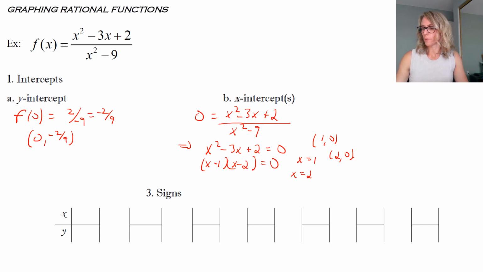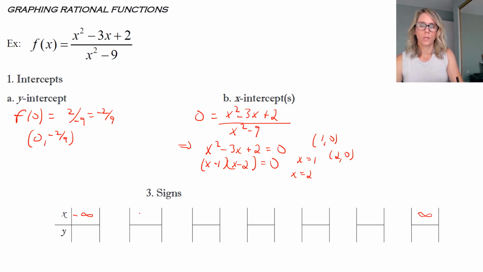So now we have a lot of values here. And so now we can think about a sign chart. And that sign chart is very similar to when we did polynomials. We want to think about what happens when this function gets very large negatively, what happens when it gets very large positively.